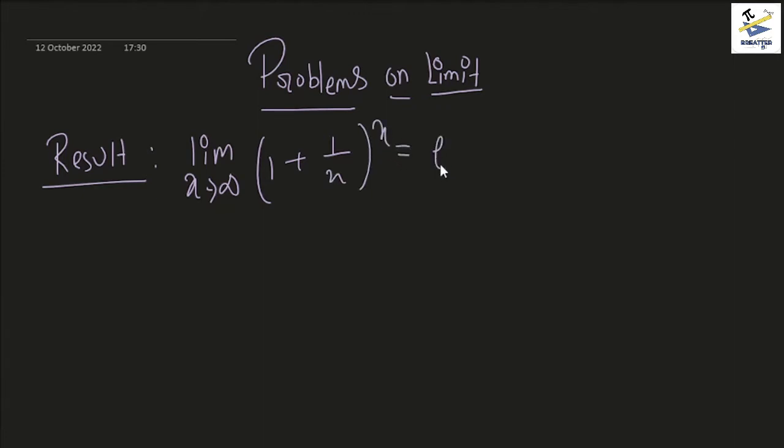Okay, so basically this can also be rewritten in the form limit x tends to 0 of 1 plus x, whole to the power 1 by x, is also equal to e. So both of these limits are equivalent, and we would try to use this result in a few cases. So let us see how to actually achieve that.